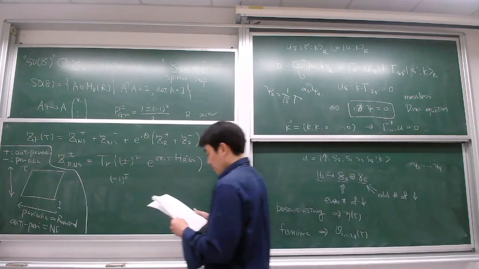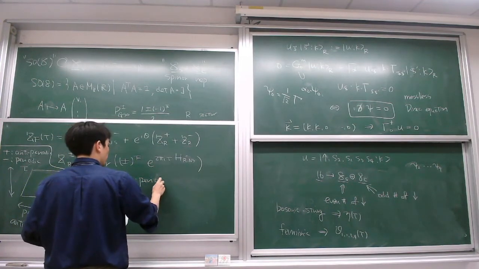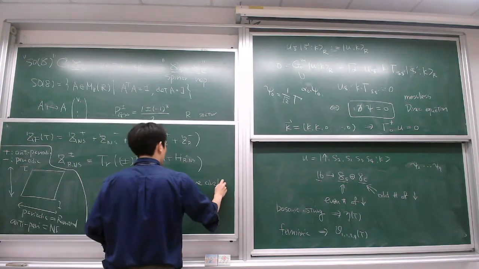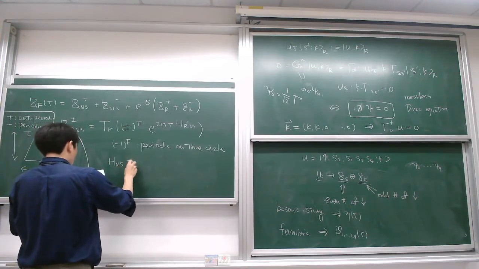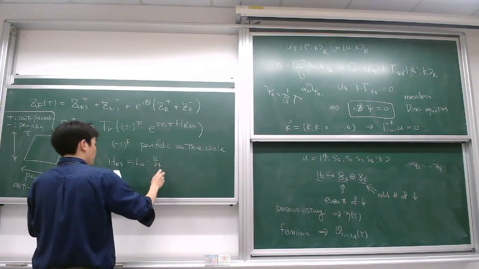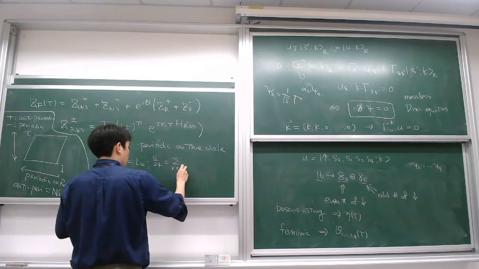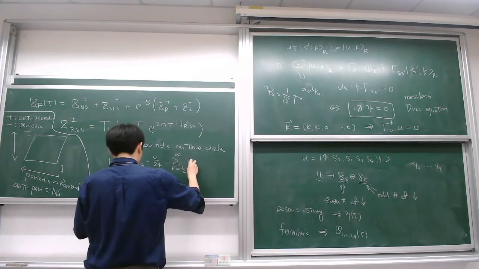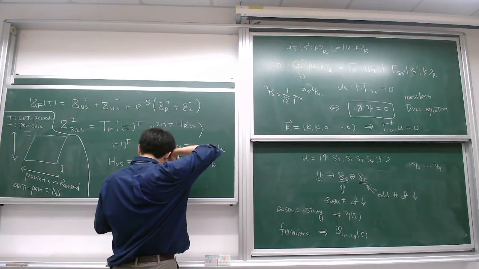Okay, and then remember the H_NS. This is periodic on the time circle. H_NS is L_0 minus c over 24, and here you have a sum over r from 1 to infinity, with D now 10.